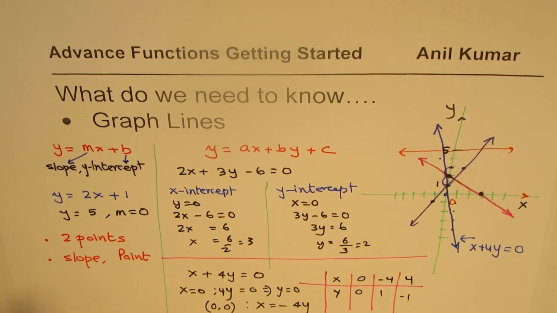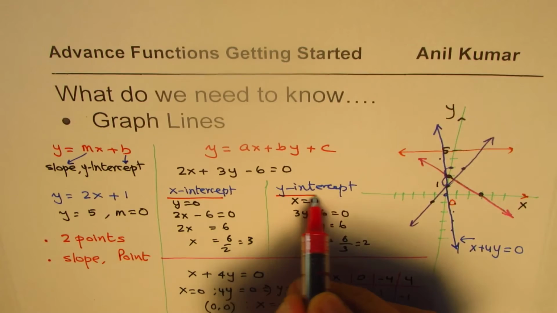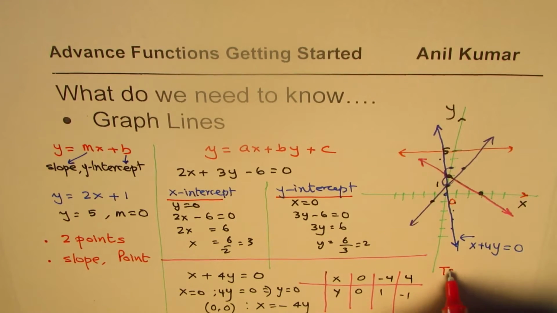So if we have 2 points, here we found the 2 points with the help of x-intercept and y-intercept. And in a special case, when both were at the same point, we have to really substitute and get other values. We call this method, let me write down this method, as table of values.